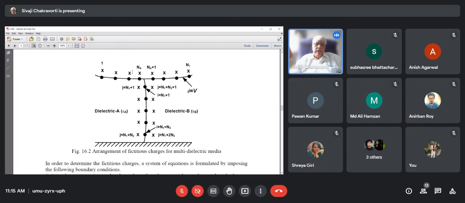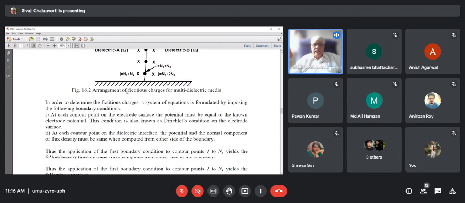So 1 to N1, and N1 plus N2 plus 1 to N1 plus 2N2. So this will be applied to the point on the electrode on the left.